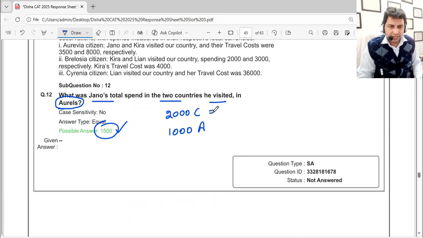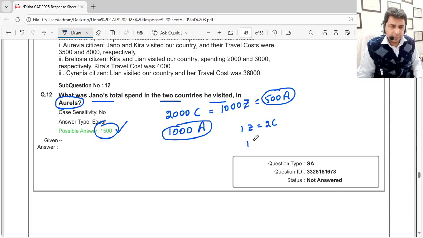So 2,000 C becomes 1,000 of Z, and 1,000 of Z becomes 500 of A. So when we add both of them, we get 1,500. And why did we convert them? Because we know that 1Z is equal to twice of C, and 1A is equal to twice of Z. That was the relation which we found out previously.